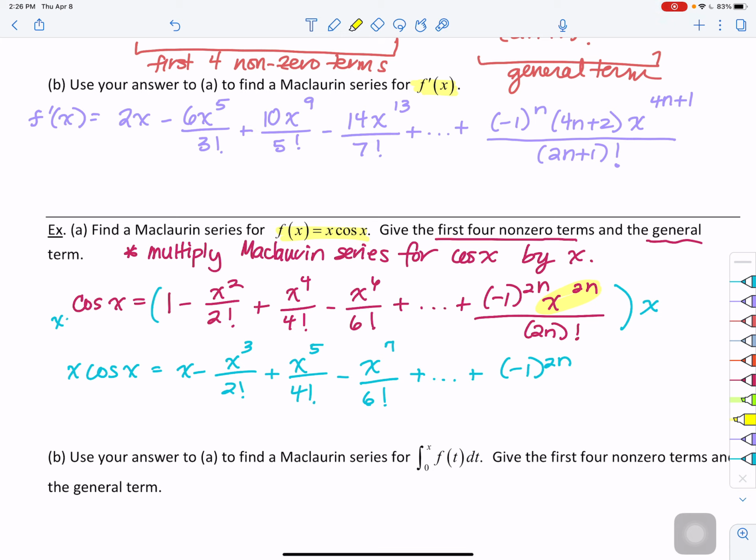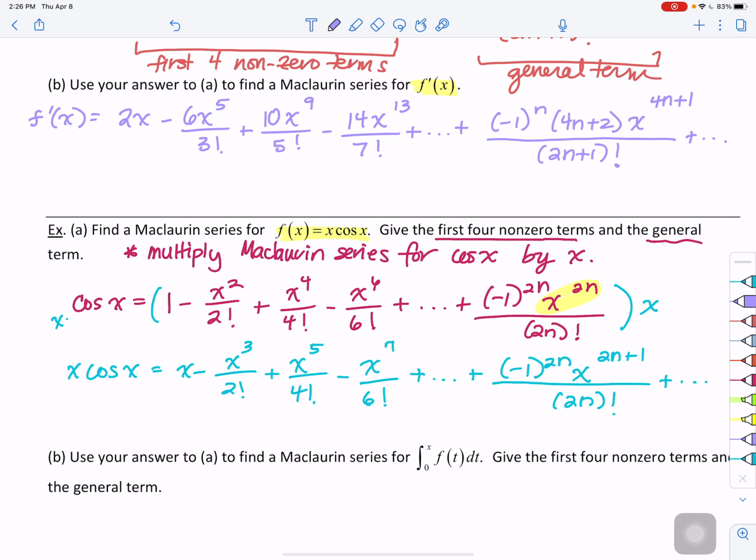We're going to add exponents. So this would be x to the 2n plus 1 all over 2n factorial.